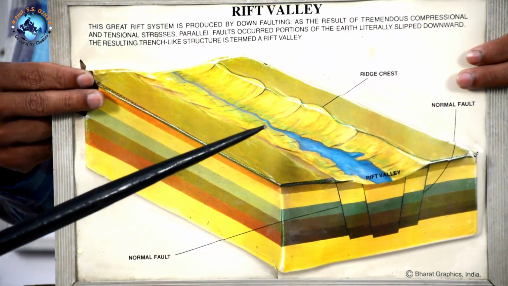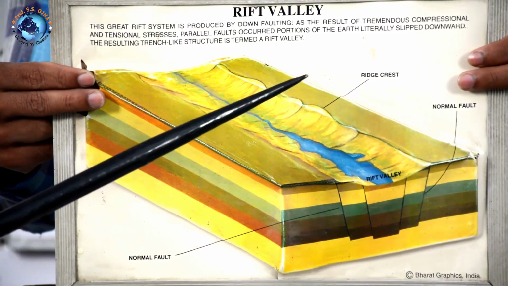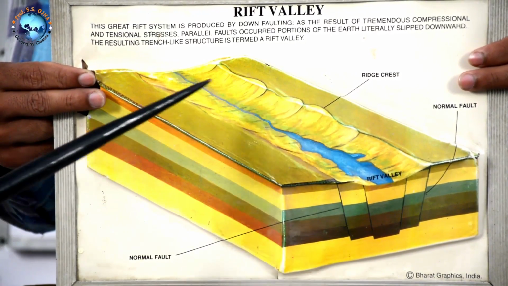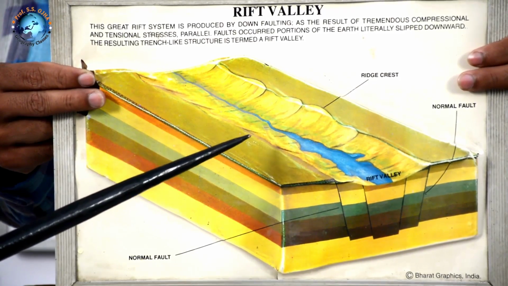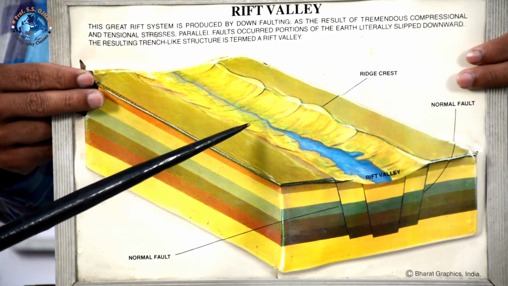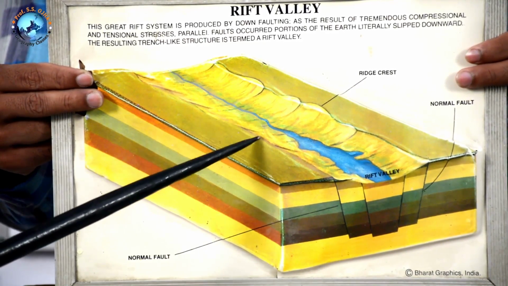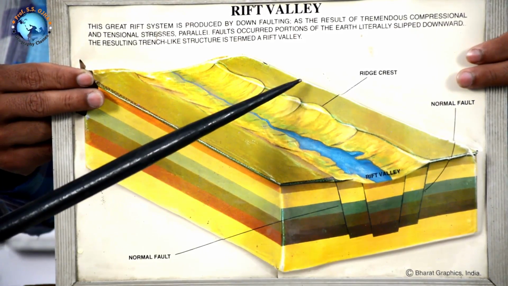Here in this model, you are seeing that the land between this higher block and this higher block has subsided. Previously it was a crack, then a fault, and now it is in the shape of a rift valley, and this is the ridge or block mountain.